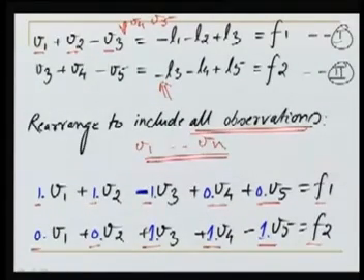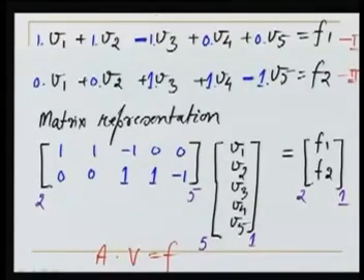All these are the coefficients written in blue here, and they will form my matrix A. If I write it in the matrix form, the matrix A becomes 1, 1, minus 1, 0, 0, and 0, 0, 1, 1, minus 1.